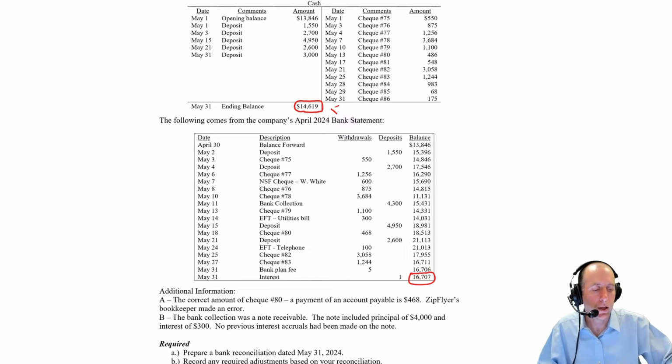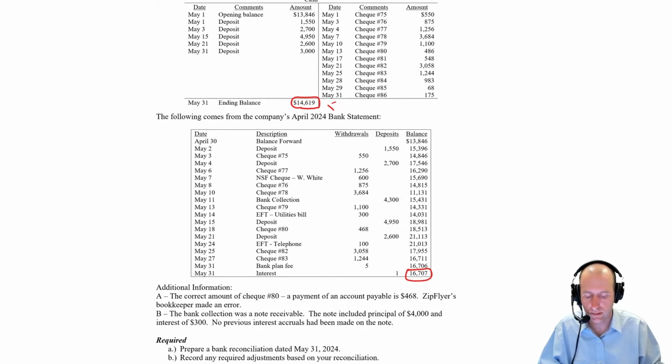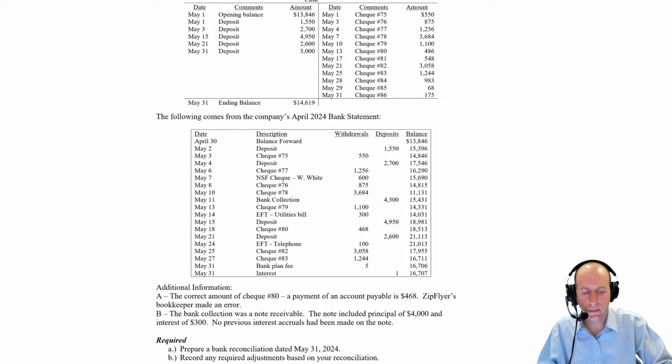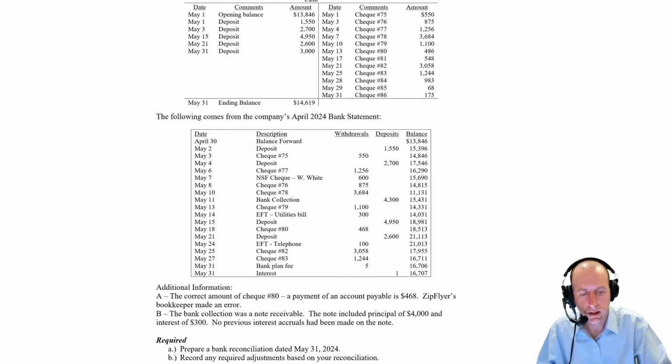Okay, so I guess we can just read the additional information. It says the correct amount of check number 80, a payment of an account payable, is $468. ZipFlyer's bookkeeper made an error. Let's see, check number 80. I see what's happened here. We've written 486.